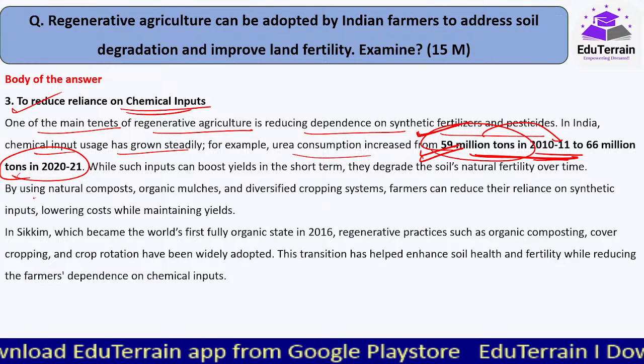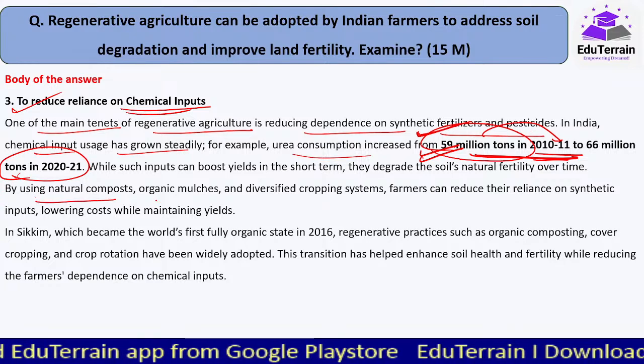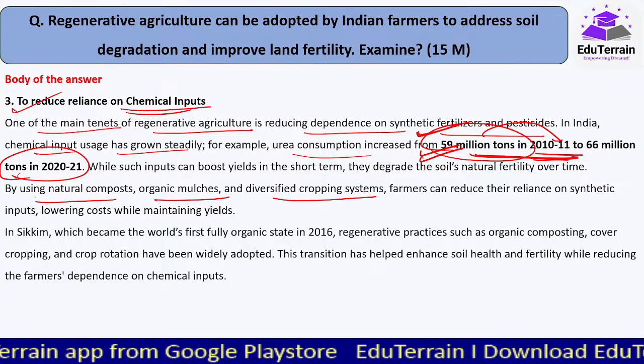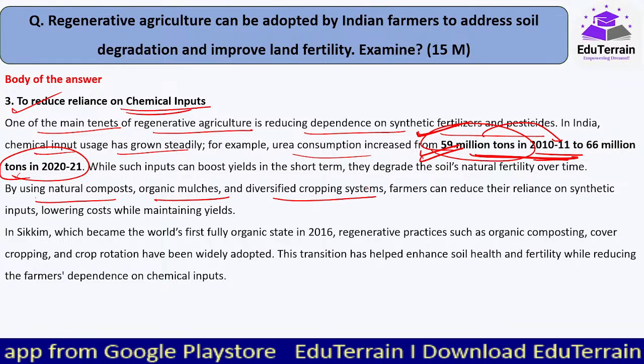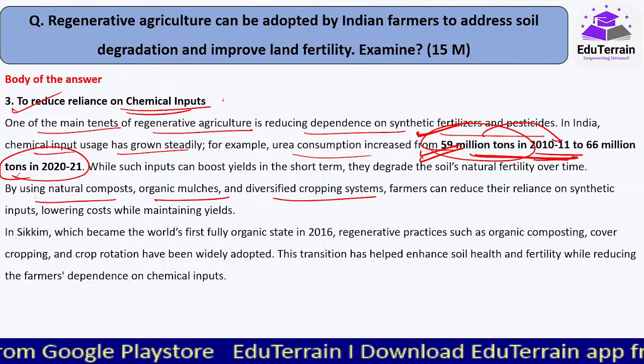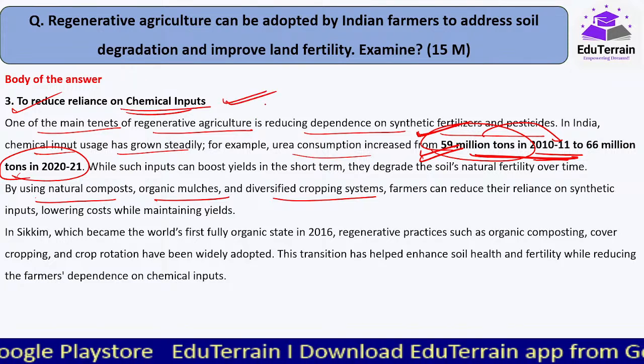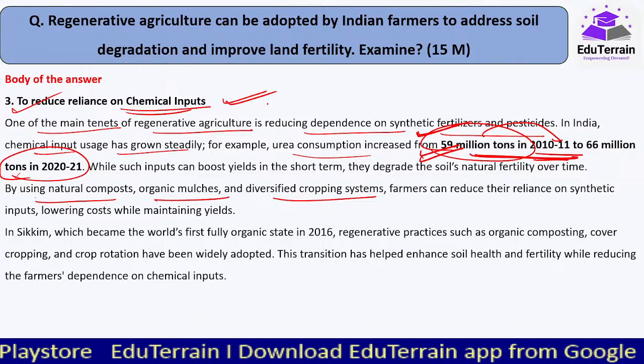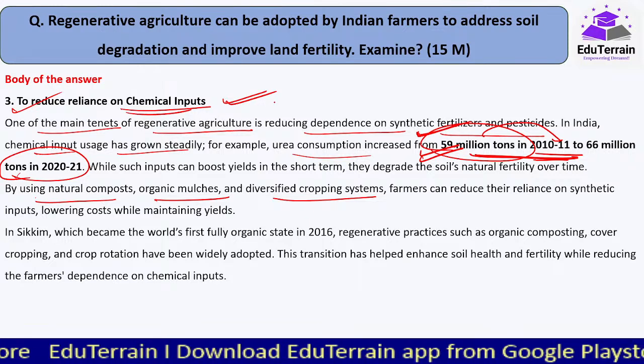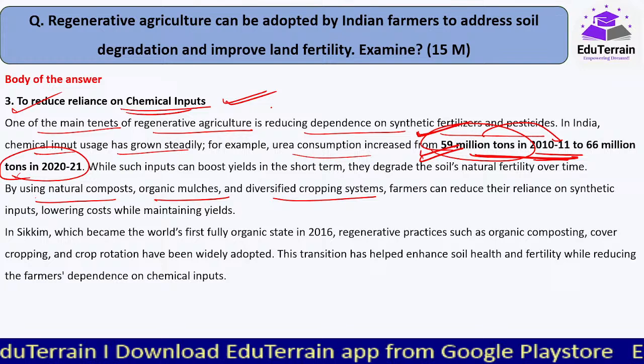Next, by using natural compost, organic mulches and diversified cropping systems. Here again and again, if you noticed, for whatever reason we are providing, we are using the same 5 or 6 key practices that we have highlighted for regenerative agriculture.